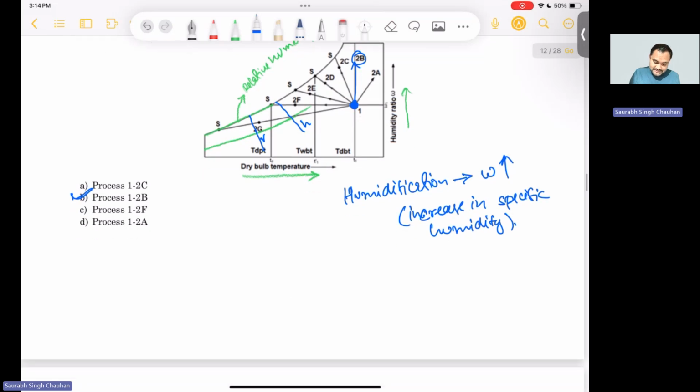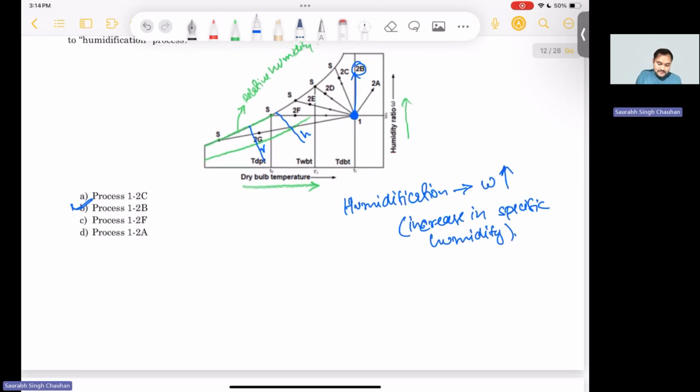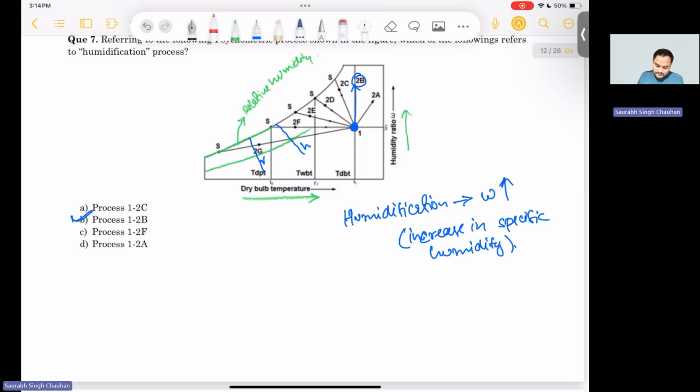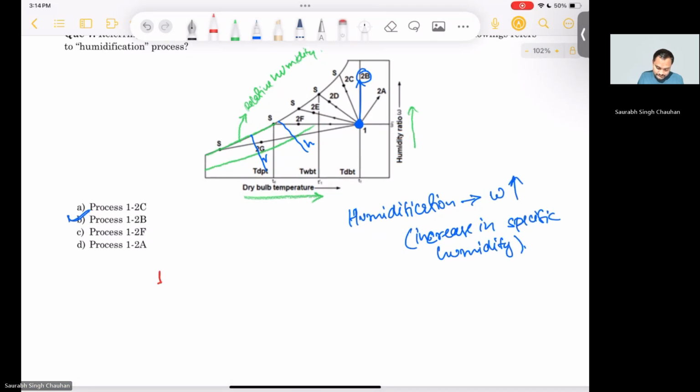What about other processes? For example, I will write the name of all these processes. 1 to 2A, 1 to 2B, 1 to 2C, 1 to 2D, and so on. And last is 1 to 2F, let us say. So 1 to 2A is what? See, the dry bulb temperature is increasing and humidity is also increasing.